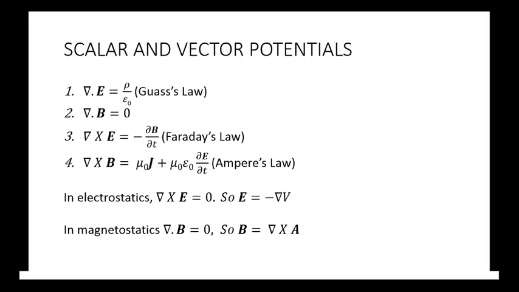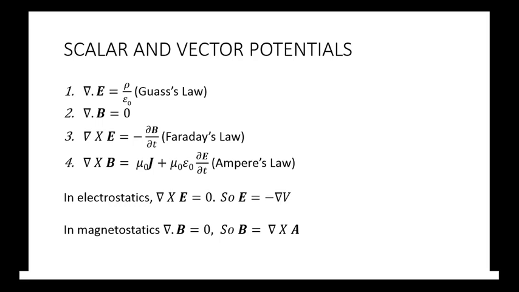And it is clear that all these equations are first order differential equations which connect electric field E and magnetic field B. In this small session, we are going to derive the relation between potentials and fields.